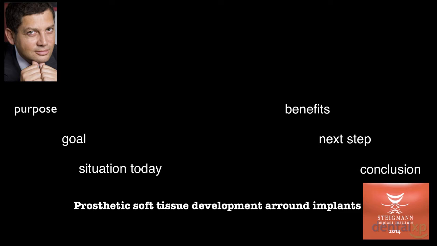And the benefits will be that we will have a beautiful emergence profile, soft tissue architecture, and we can maintain the soft tissue thickness and appearance for a long period of time. In conclusion, by the end of this lecture, we will have some hints how to achieve a beautiful emergence profile.